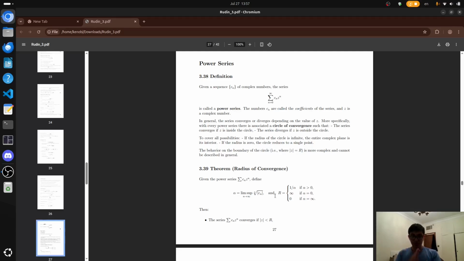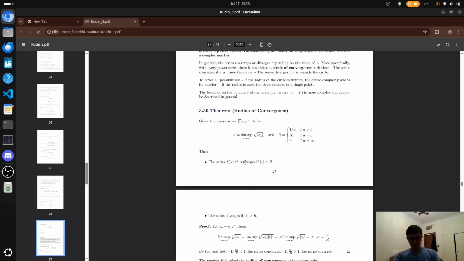You're basically using the root test, and you want to find some sort of interval in which it works, and that interval is this R over here, because that's what we get in the inequality. That's the strategy.